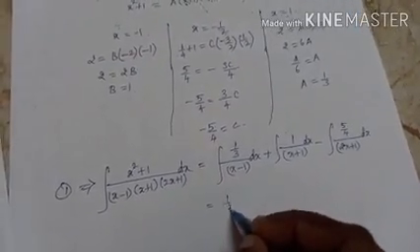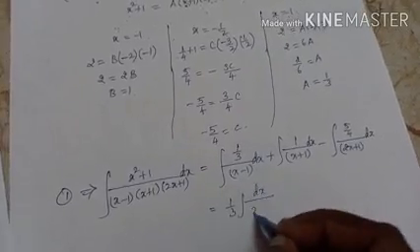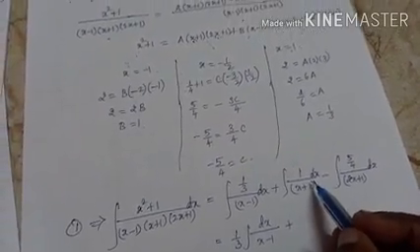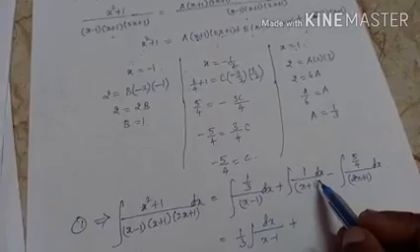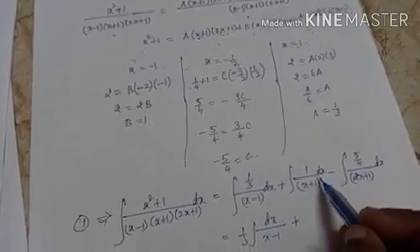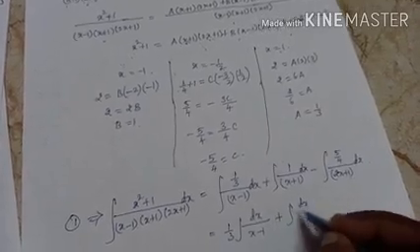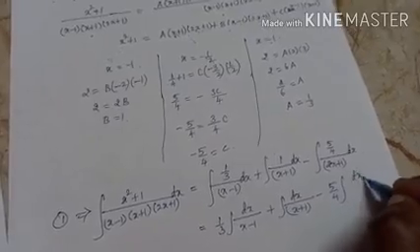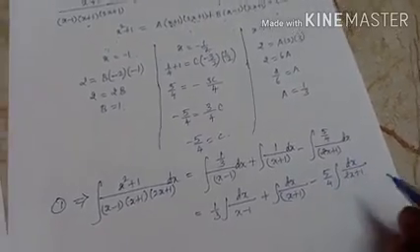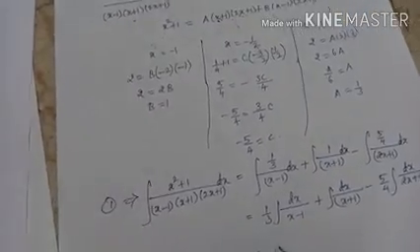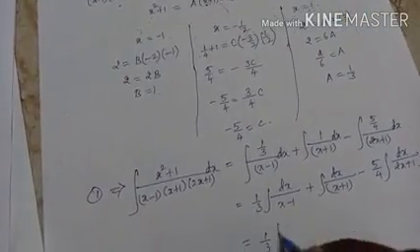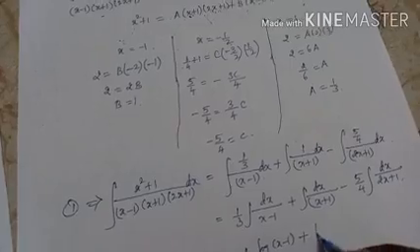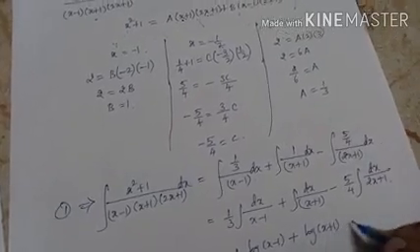Take 1 by 3 outside. Integral dx by x minus 1. Here I have done some b is 1 simply. B is 1. So it is integral dx by x plus 1. Take 5 by 4 outside. Dx by 2x plus 1. So integration of dx by x minus 1 is log of x minus 1 by 1. Similarly, it is log of x plus 1.